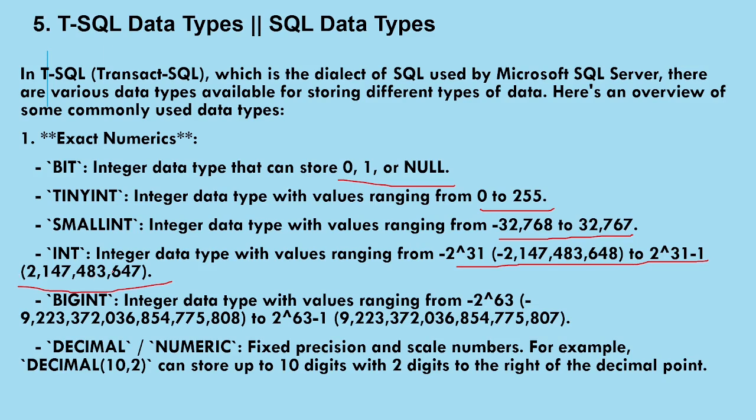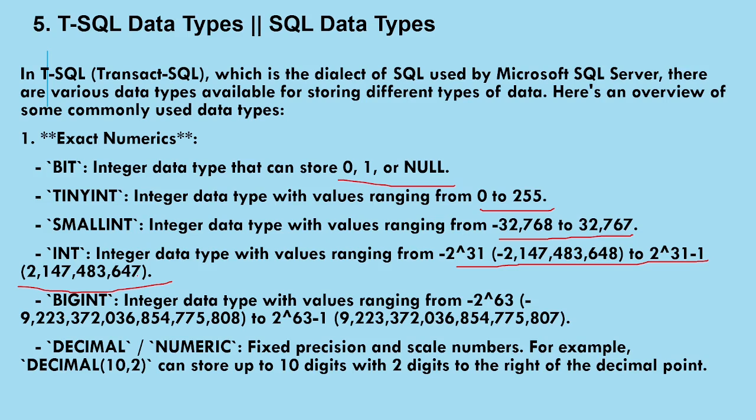Once this range is reached, only then will it give the error. So while creating the tables or analyzing the tables, make sure you select the suitable data types. After this range, it will give the error.